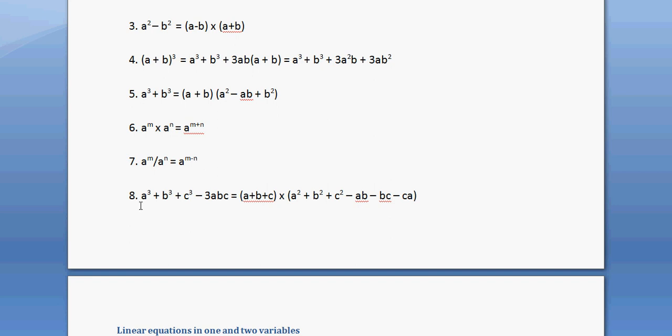This result in particular is used when we are given a condition that a plus b plus c is 0. If that condition is somehow given in the question, then a cube plus b cube plus c cube would become equal to 3abc, right? I'll just write it.